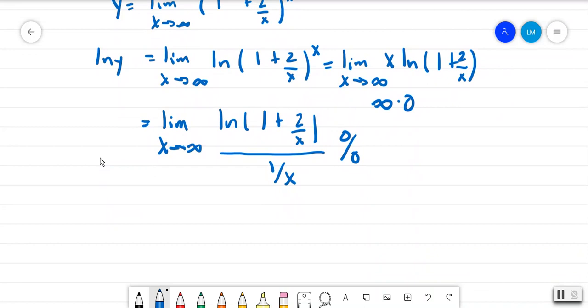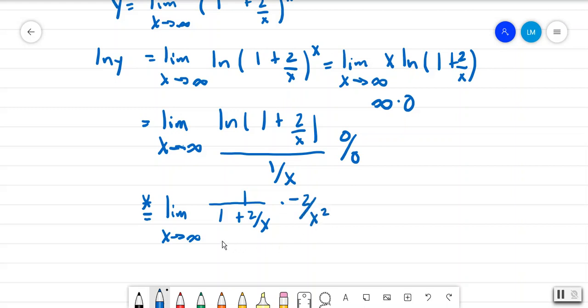So now we can finally apply the derivative. All of this was just rewriting it. So we have the limit as x approaches infinity of 1 divided by 1 plus 2 over x, multiplied by negative 2 over x squared, and then we have negative 1 over x squared in the denominator. Now, notice this.